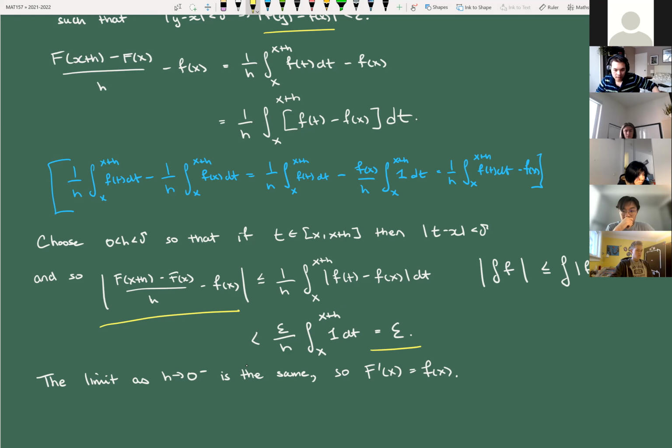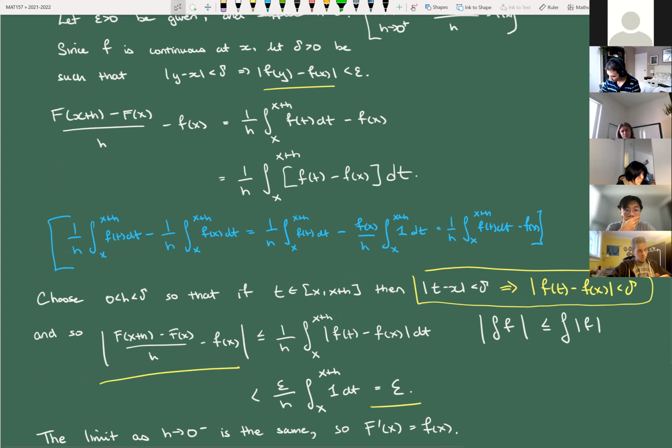How did I use t minus x? Okay, sure. The fact that t minus x is less than delta implies that the absolute value of f of t minus f of x is less than delta. This comes from the continuity condition, right?